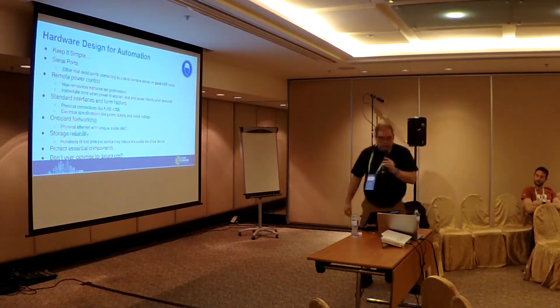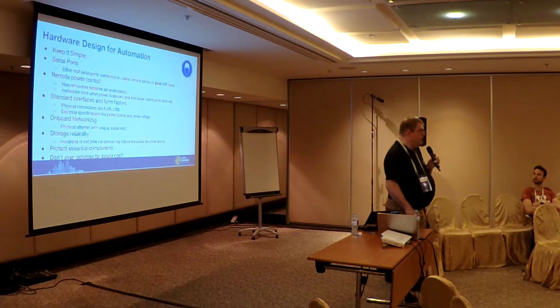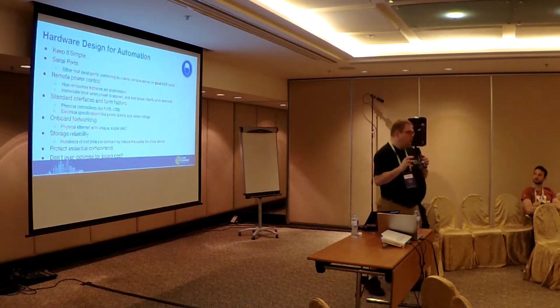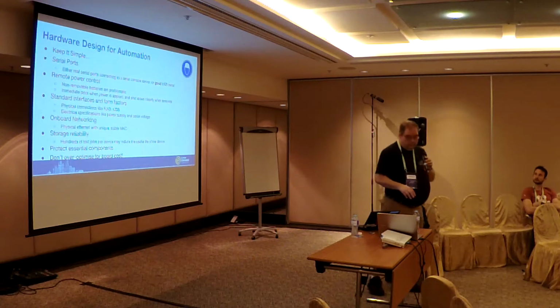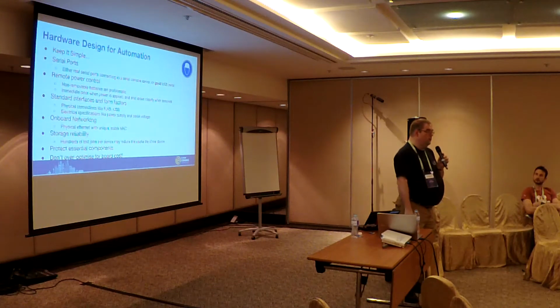Remote power control is important to us. The main way that we test devices, the main way we control them is we yank power out, we apply power. Batteries are a problem here, they're a real problem. If you end up with a battery on your device and that is primary power for it, we can't just unplug power.